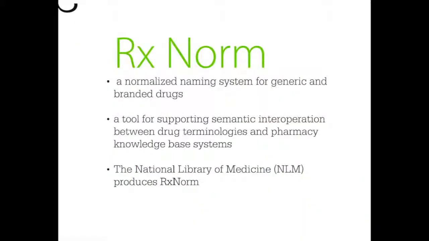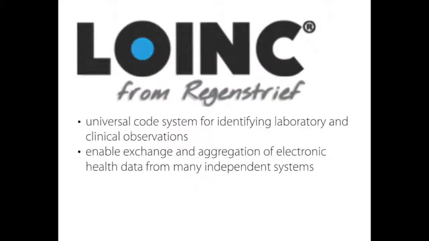Another reference terminology that was cited for meaningful use that is useful is RxNorm, which has both generic and branded drugs, is also run by the NLM, and is helpful for knowledge-based systems. Another one, which actually is quite extensive, is LOINC, the Logical Observation Identifiers Names and Codes.